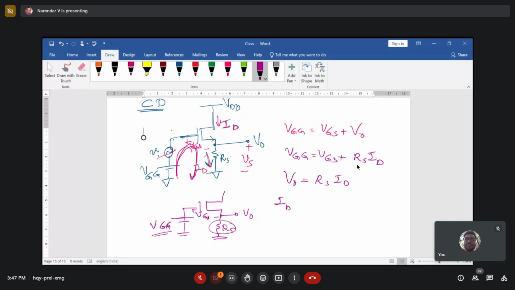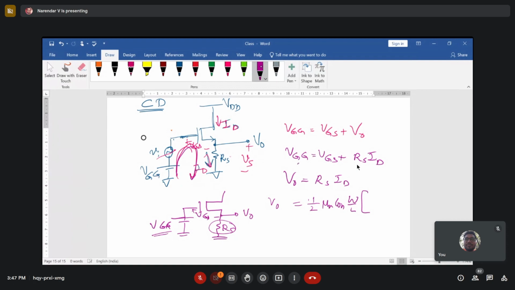What you can see is that V out is equal to RS times the saturation current, mu n COX W by L times (VGS minus VTH) squared. What is VGS from this?